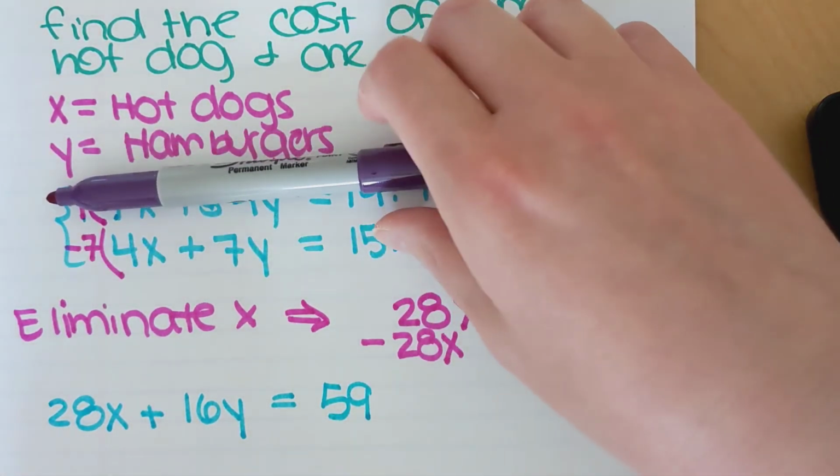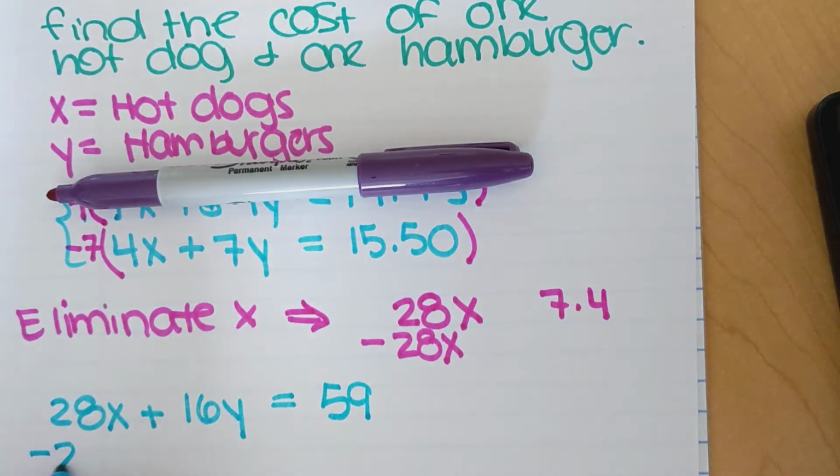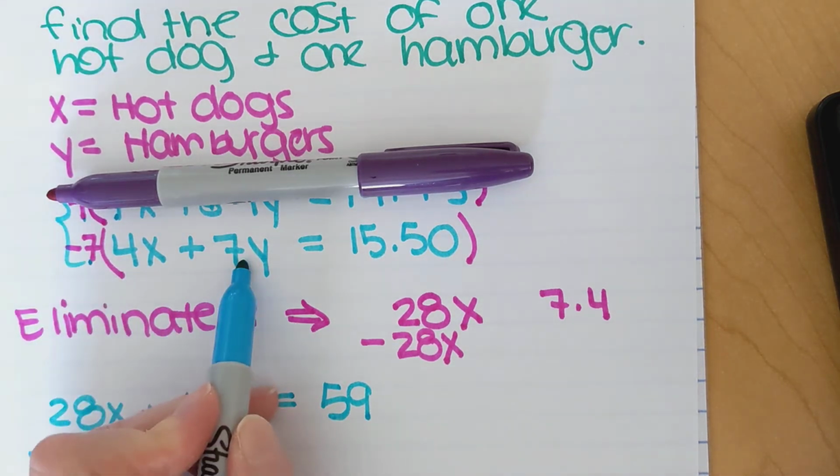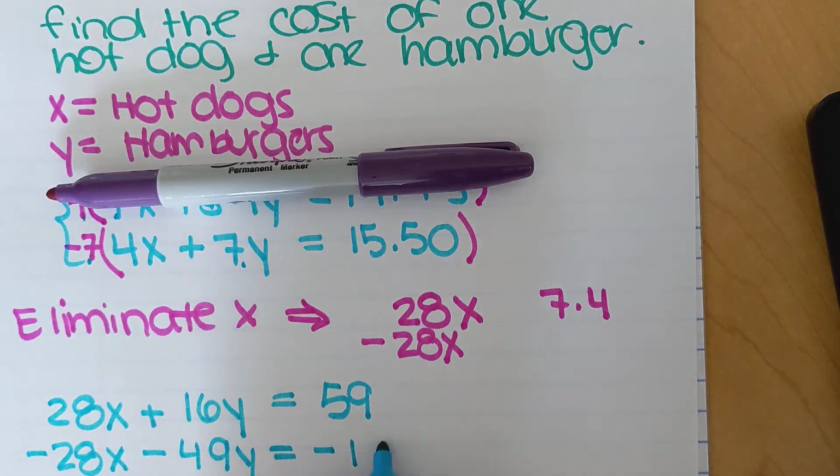And then for our second equation, multiplying by negative 7 times 4 gives us negative 28X. And then negative 7 times 7Y gives us negative 49Y. And then the 15.50 times negative 7 gives us negative 108.5.